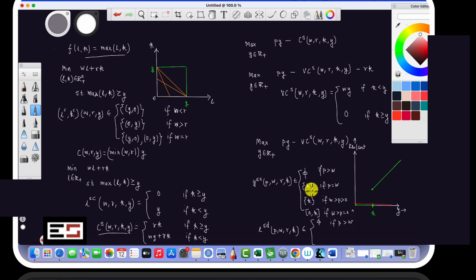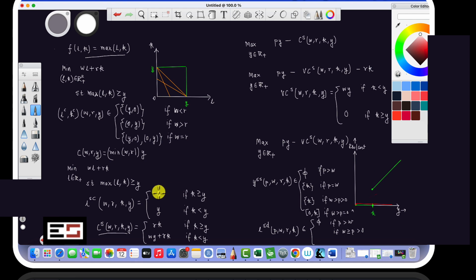Okay, and if p is equal to w, or basically if w is greater than or equal to p and p is positive, then in that case the amount of output that you would like to supply is k.